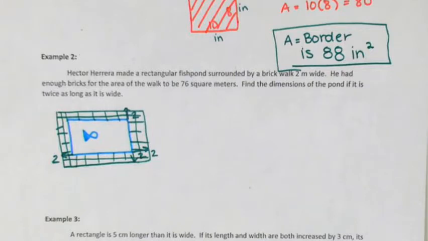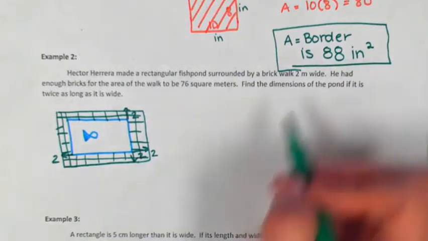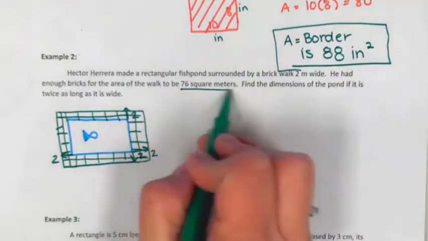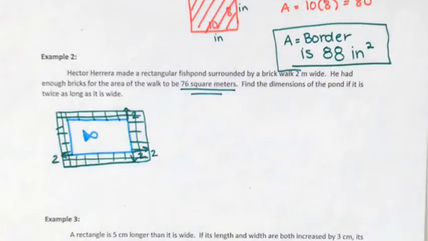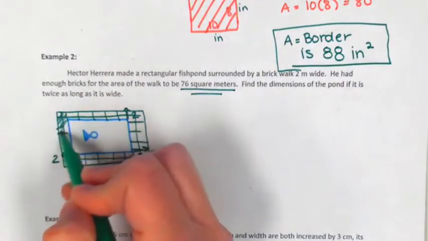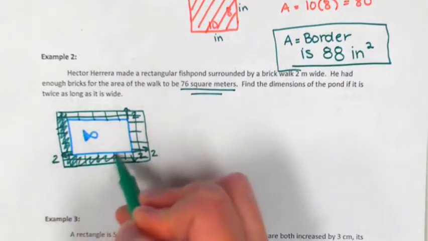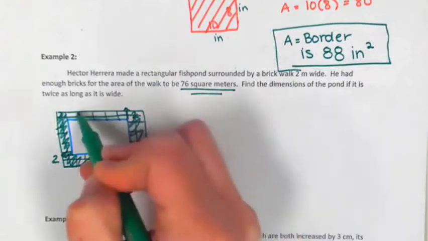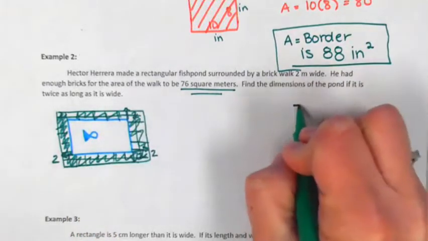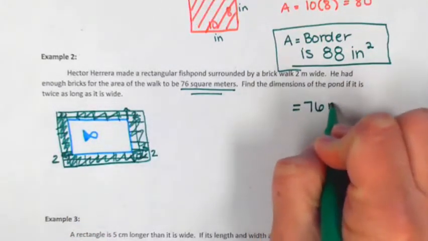Hector had enough bricks for the area of the walkway to be 76 square meters. So the area of what is 76 square meters? The walkway. So this green area is what? 76. So the green area is 76 meters square.